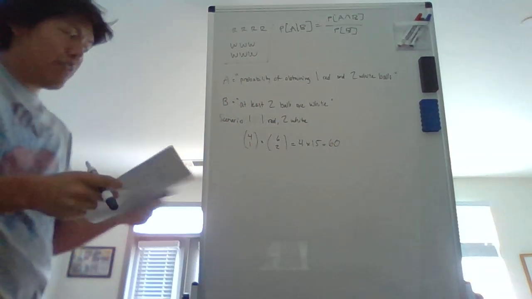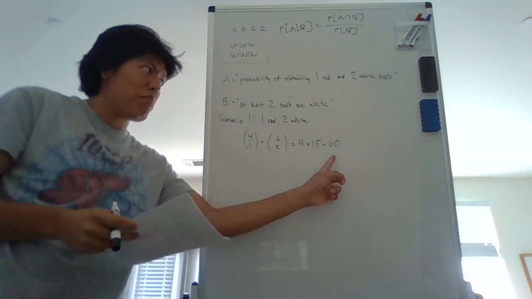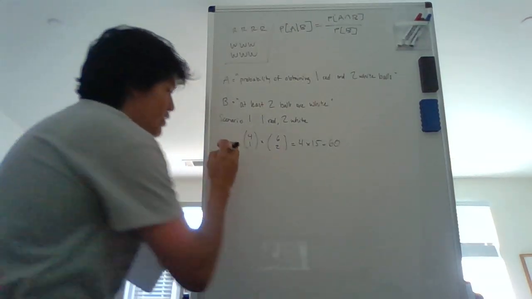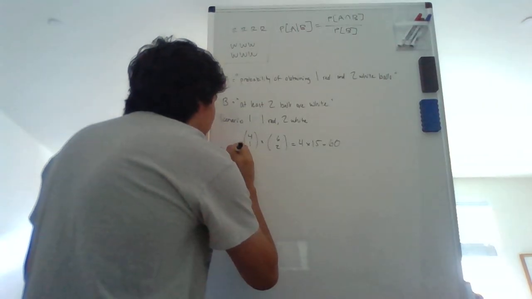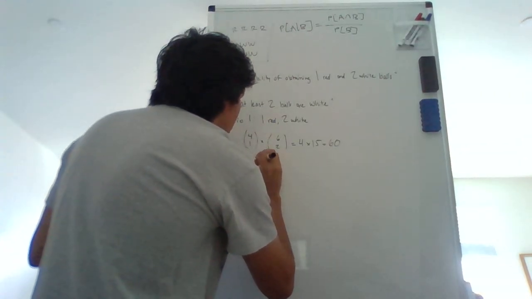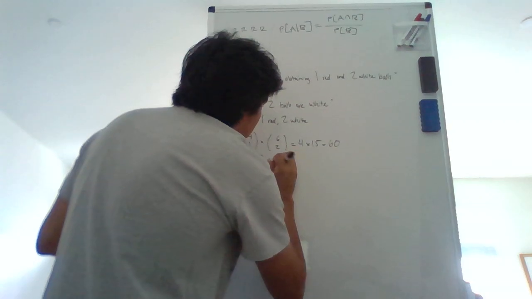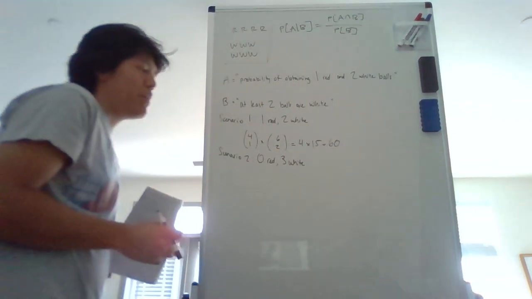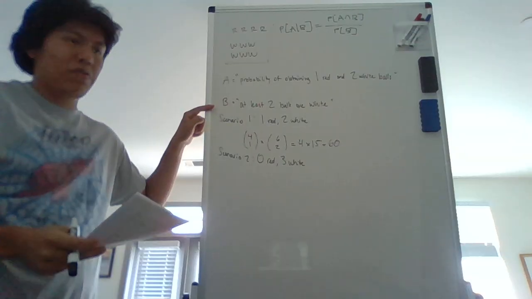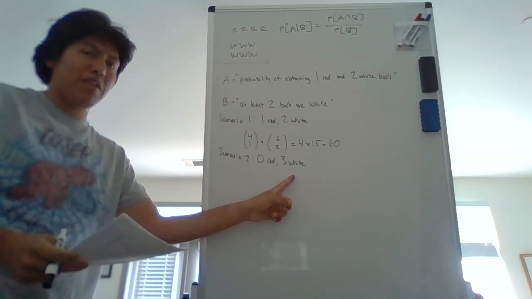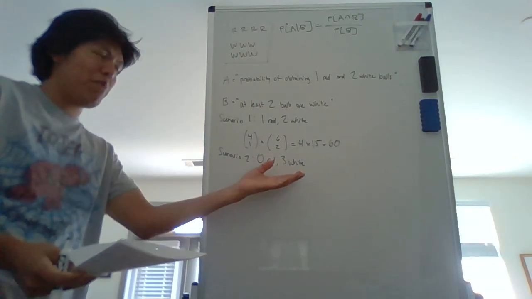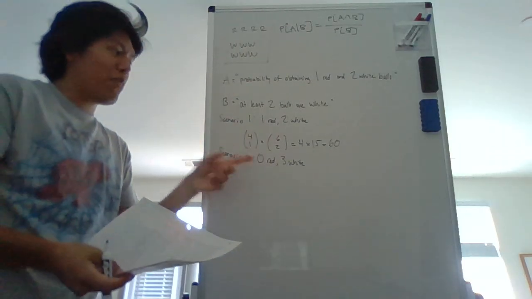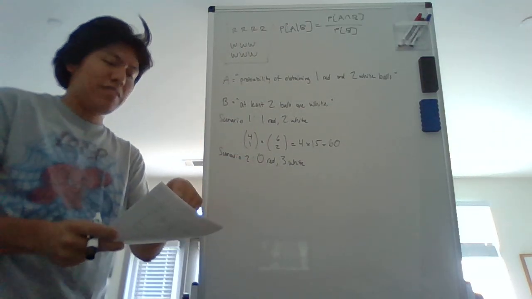That's only part of probability B. We also have to consider scenario number 2, where we don't get a red ball and we pull 3 white balls, right? At least 2 balls are white. Well, we pulled out 3, and at least 2 of them were white. Also remember that we're pulling 3 because that's the sample size the question asks for.